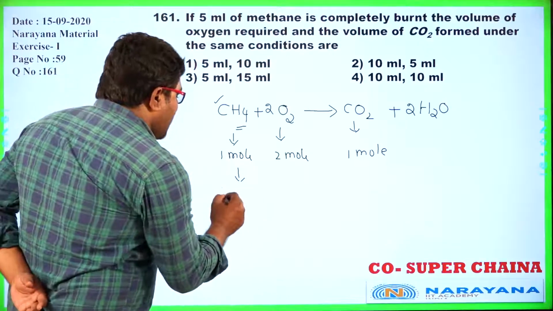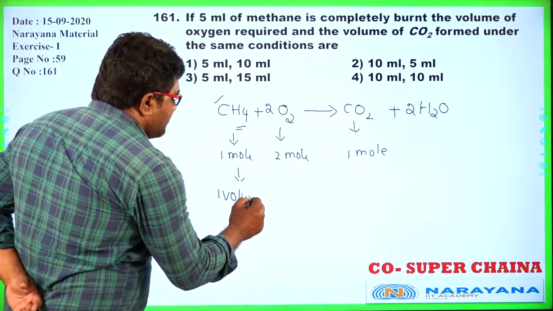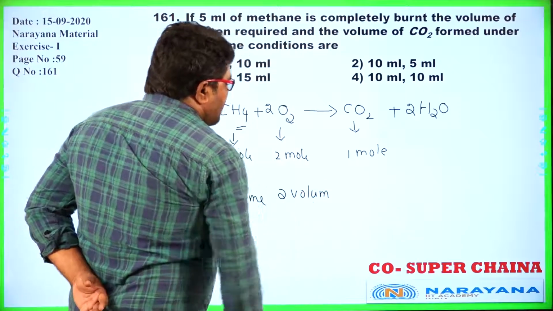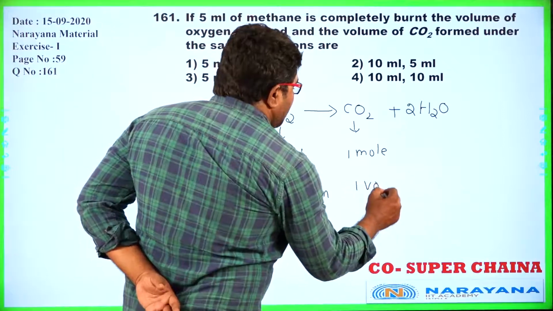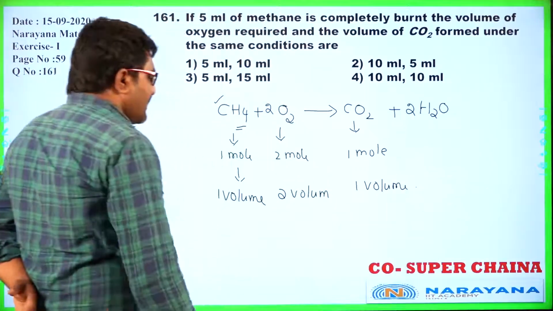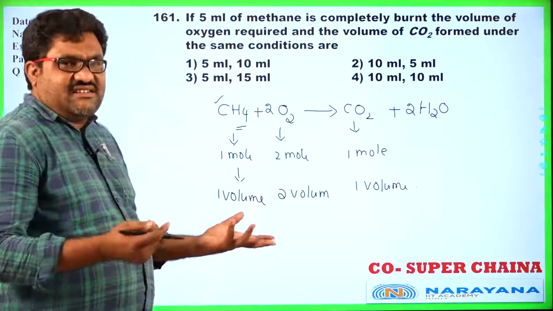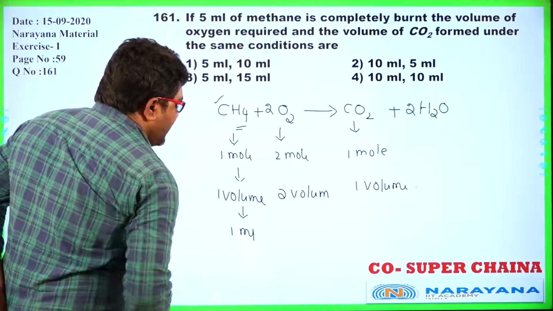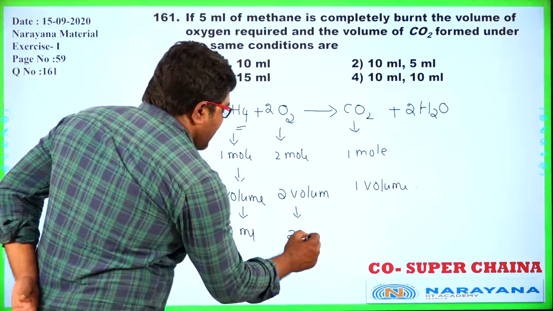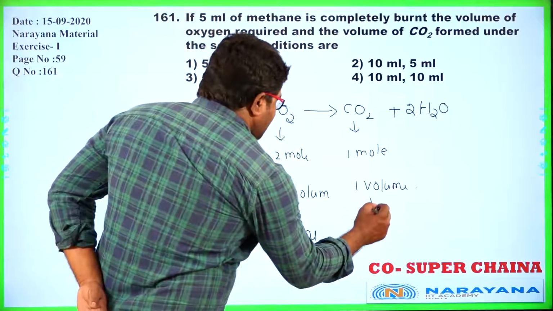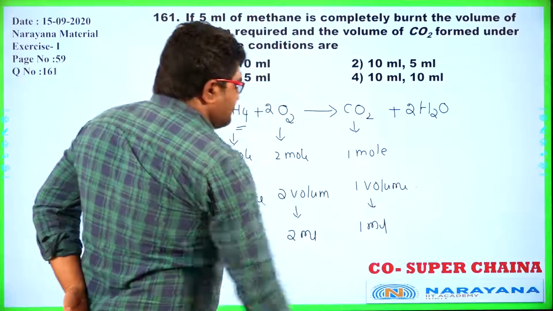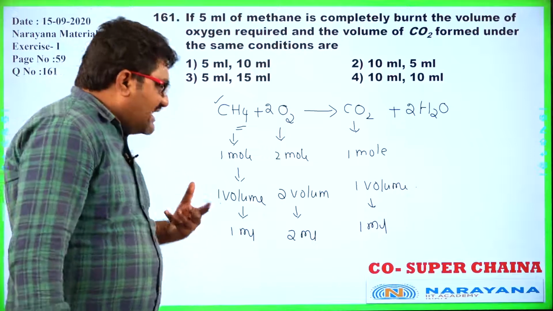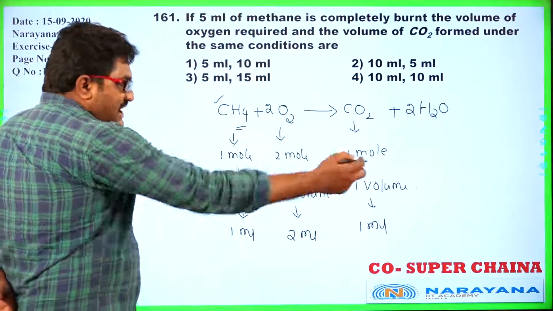So one volume of methane requires 2 volumes of oxygen, and 1 volume of CO2 is formed. Volume means you can take anything, the ratio should be the same. That means 1 ml of methane requires 2 ml of oxygen and forms 1 ml of CO2. Otherwise, if you want to take liters, then you can take liters for all the substances in the same ratio.